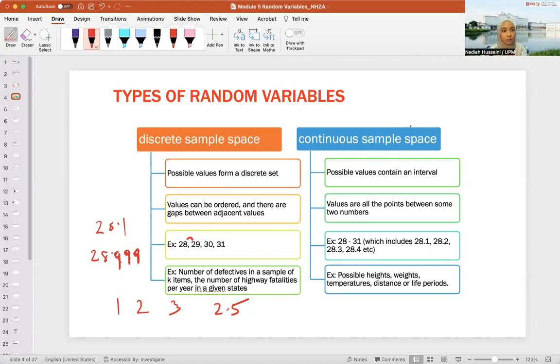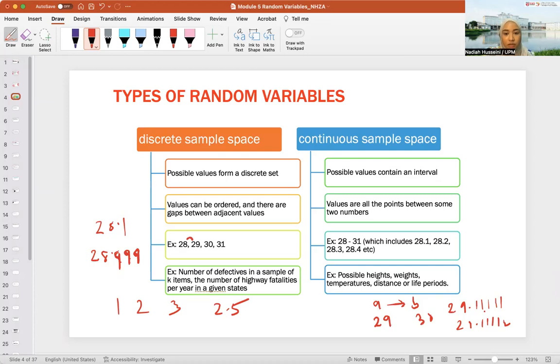Now, for a continuous sample space, the possible values contain an interval. For example, an interval from A to B, where A is 29 and B is 30. Very small interval, but anything within 29 and 30 is possible: 29.1111, 29.1112, 29.1113, all of the values between 29 and 30 are possible outcomes.